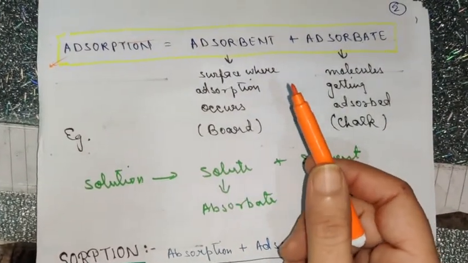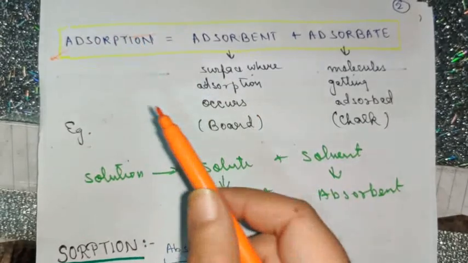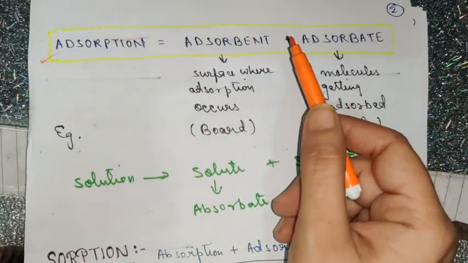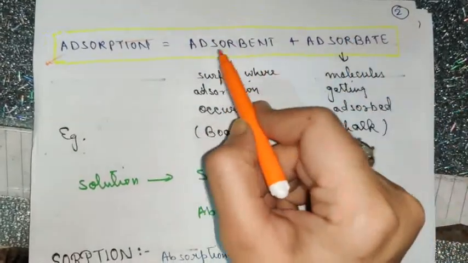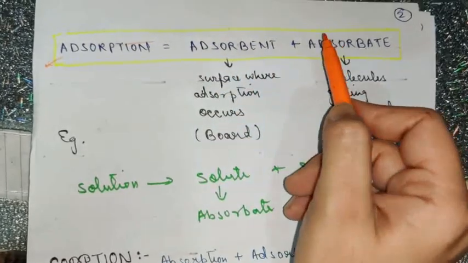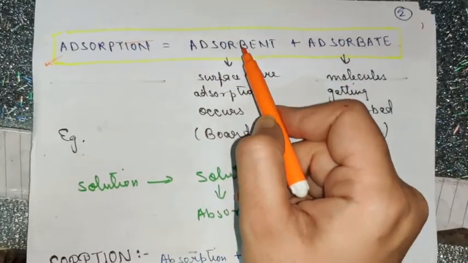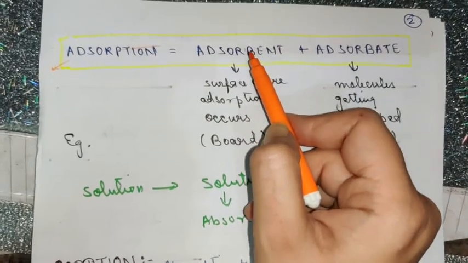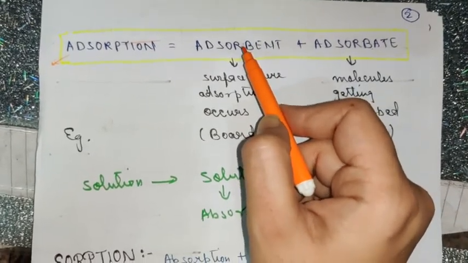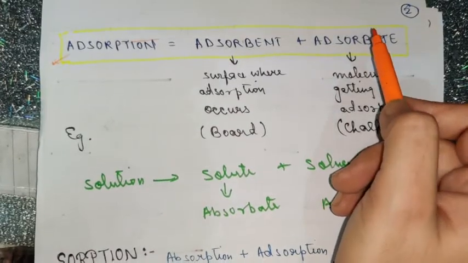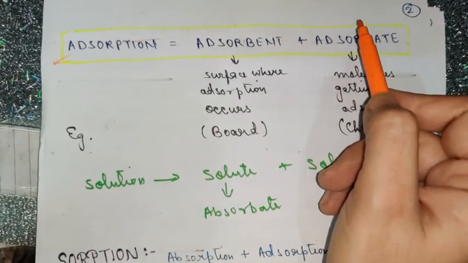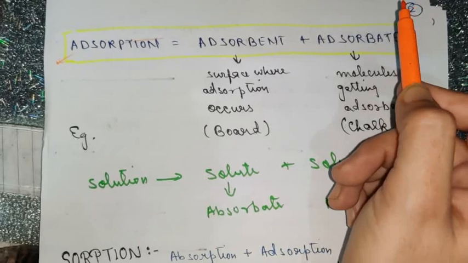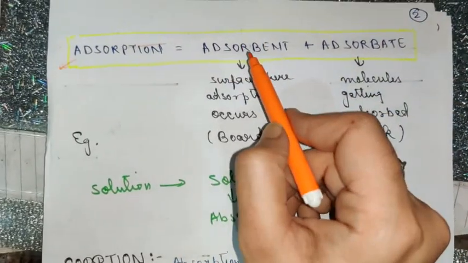So now proceeding to some more terms related to adsorption. Before I proceed further, let me revise the meaning of these two terms. What is adsorbent? Adsorbent is the surface over which the process of adsorption occurs. And adsorbate is what? Adsorbates are the molecules or the substance which get adsorbed over the adsorbent.